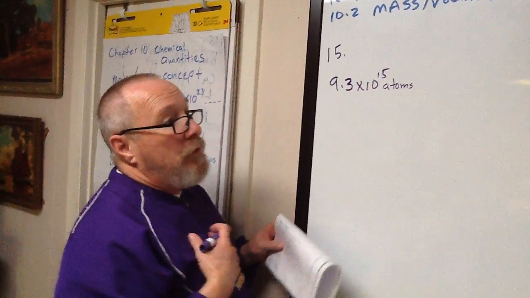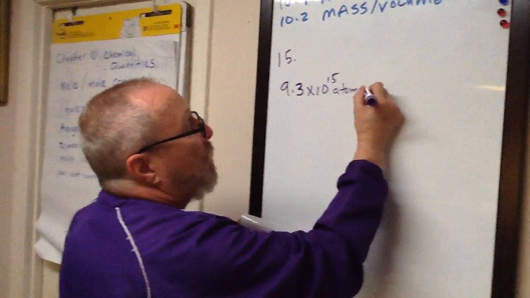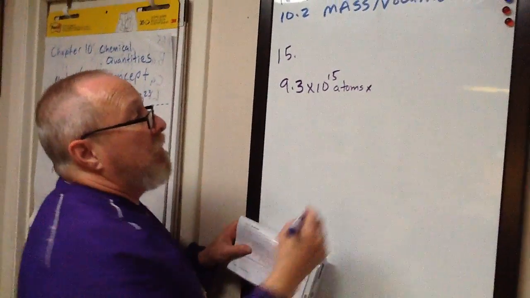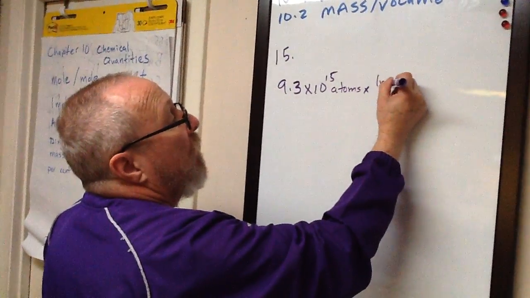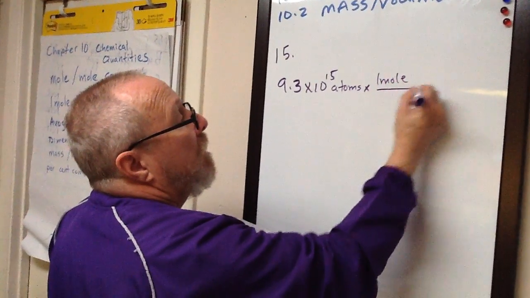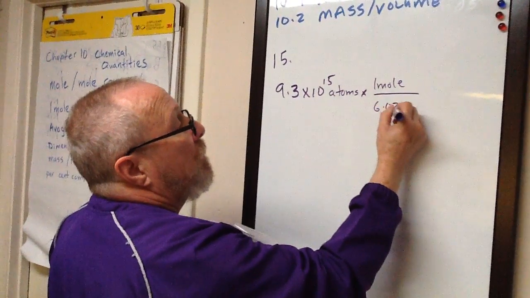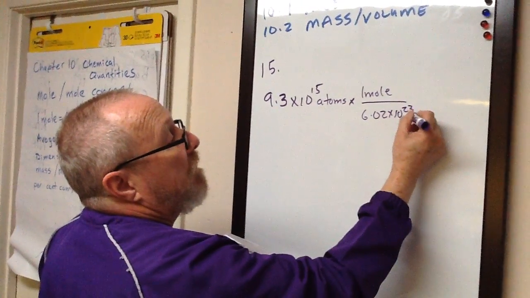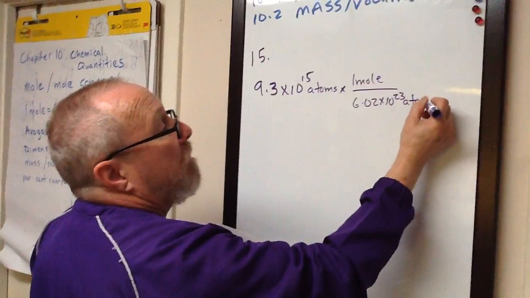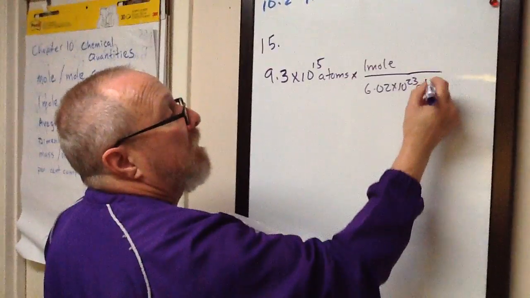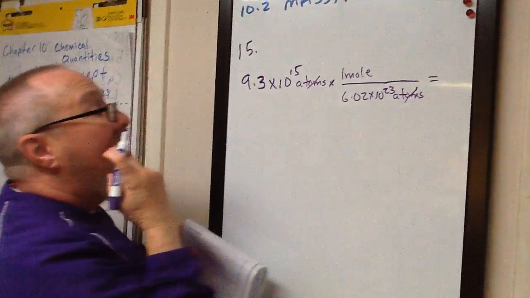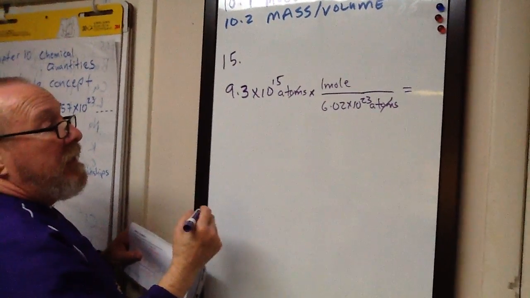But I'm going to use dimensional analysis, and I'm going to multiply my number by 1. And in this case, my 1 is going to be 1 mole per 6.02 times 10 to the 23rd representative particles, in this case, atoms. So atoms are going to cancel, and my mole is going to be my units in the end.